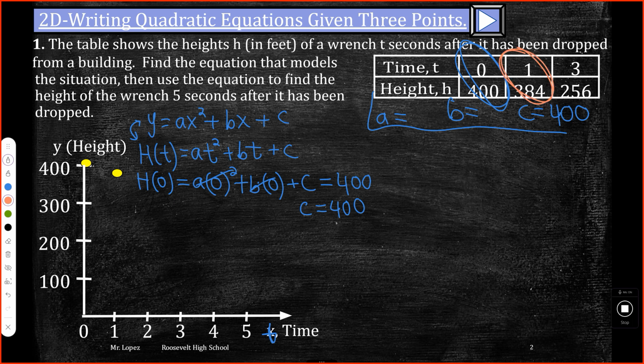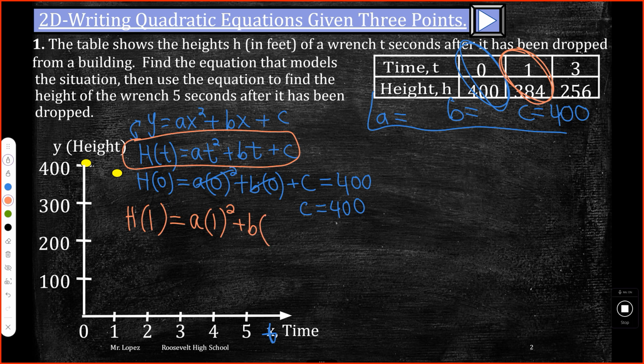So I'm going to say h of 1 is going to equal, hopefully now you see the pattern here. We're going to plug it into the equation. A, I still don't know what it is. What do I plug in for t? 1, square it. I don't know what b is. What do I plug in for t? 1.